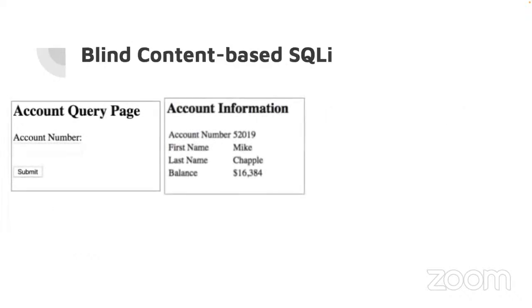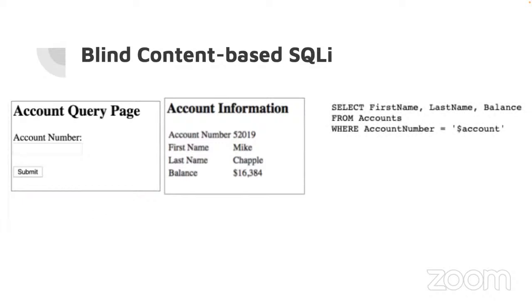There's the blind SQLI. In this attack, the perpetrator sends input to a web app to see if it's interpreting injected code before attempting to carry out an attack. For example, a web application is asking for an account number. When a user enters an account number on the page, they'll see a list of information associated with that account. And our underlying SQL query could look something like this.